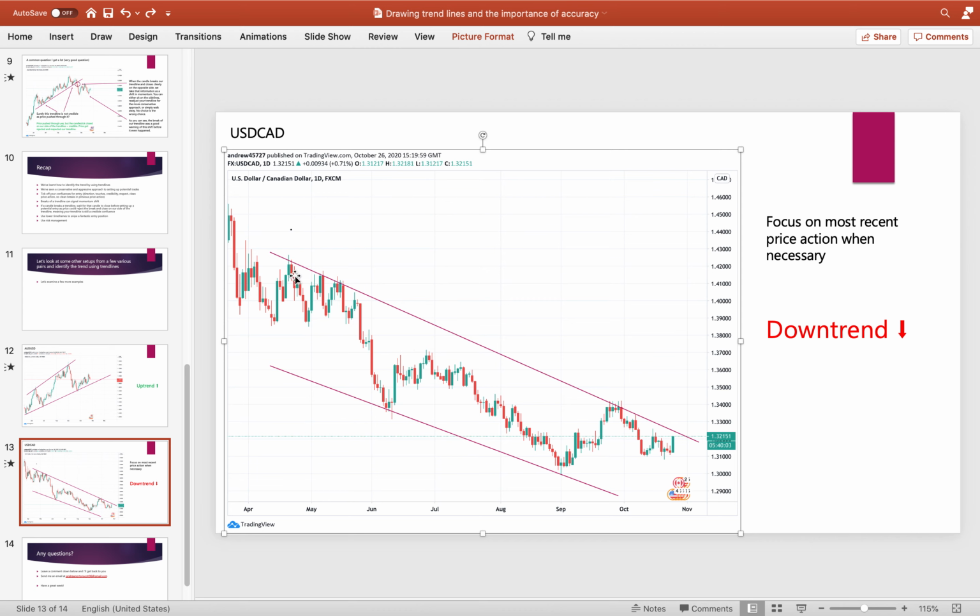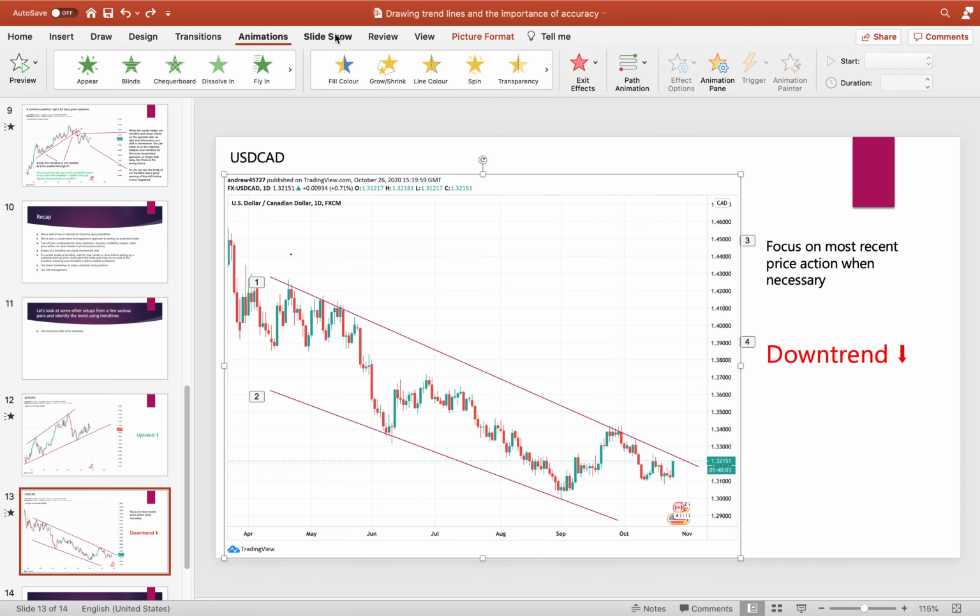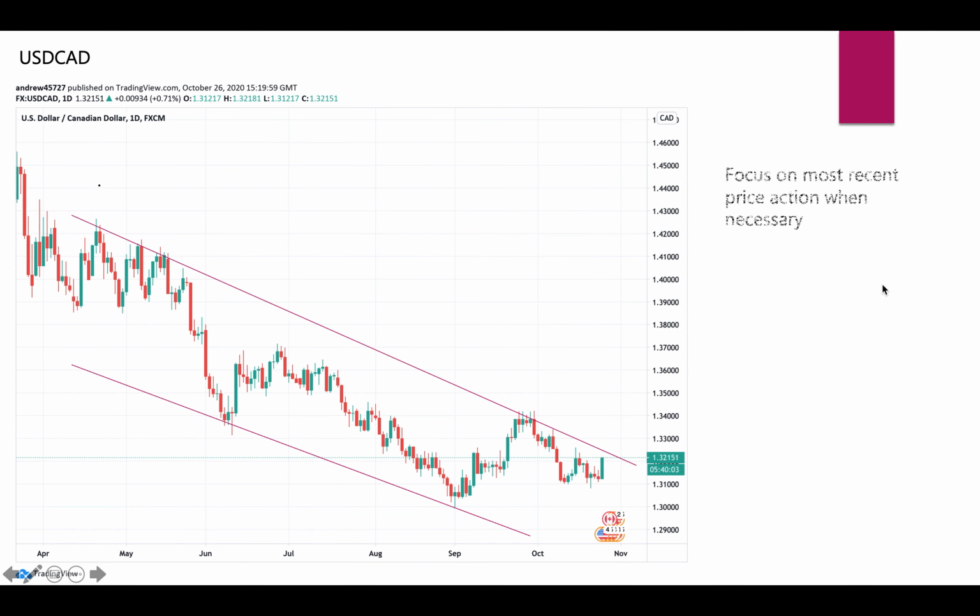Because when necessary, we can cover all of these lower highs in our trend line. We can cover these most recent lower lows, because at the end of the day, we want to focus on the most recent price action. It's basic stuff. So now we've got one touch there, two touches there, and on our upper trend line we've got one touch, two touch, three touch, four touches. So we've now identified that it's a downtrend, and we focused on the most recent price action.